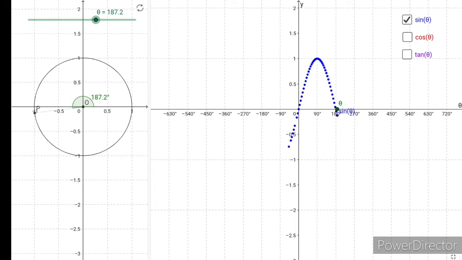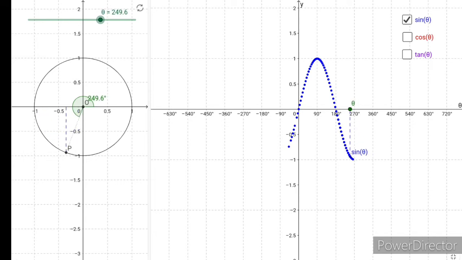What happens after 180? If you observe after 180, the dotted line inverts. It is below the x-axis. So the length is negative, or sin theta will be negative after 180. See, after 180, the length increases, but it is in the negative. So sin theta keeps on decreasing.